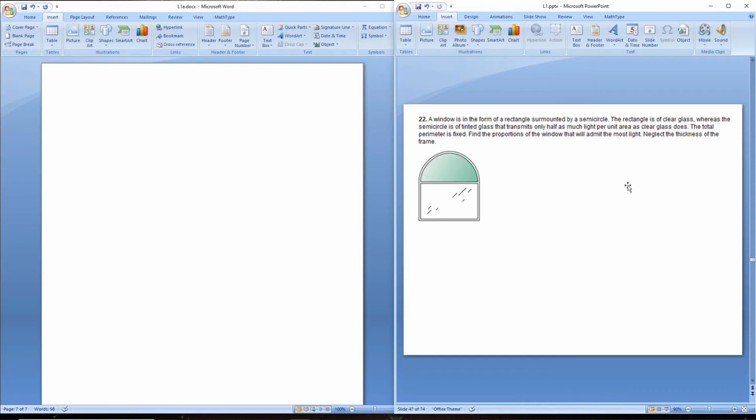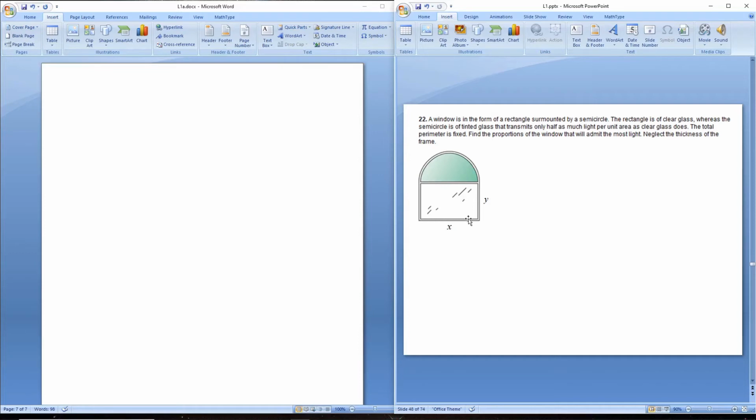So what information do we have here? Well, we don't have any numbers here at all. And so we're just going to move right to putting some variables onto our picture.